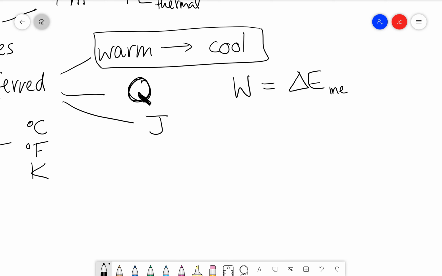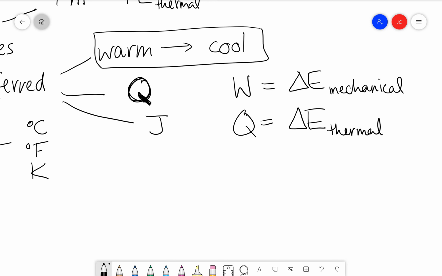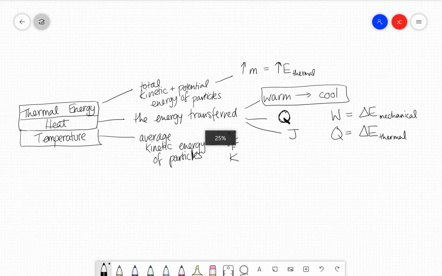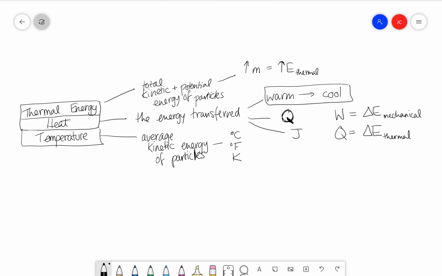Remember how work equaled the change in energy, and we were dealing with mechanical energy? Well, we have a similar formula in thermal energy, and it's that Q, which is heat, equals the change in thermal energy. And this is super important because this is how we're going to look at this unit. Remember that heat is the change in thermal energy.